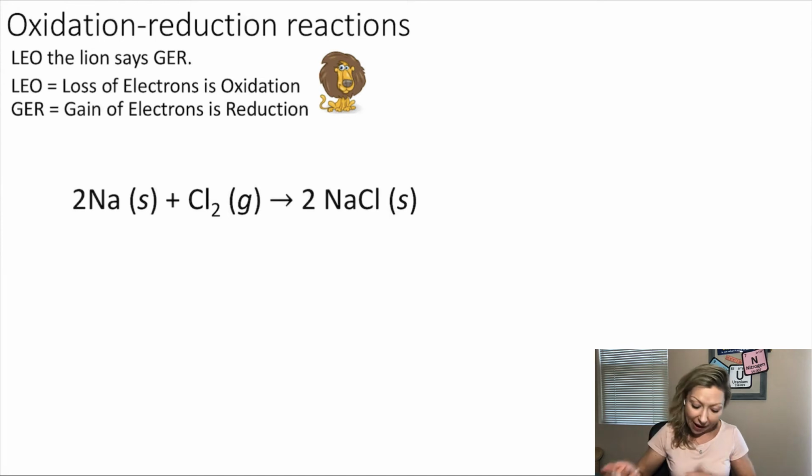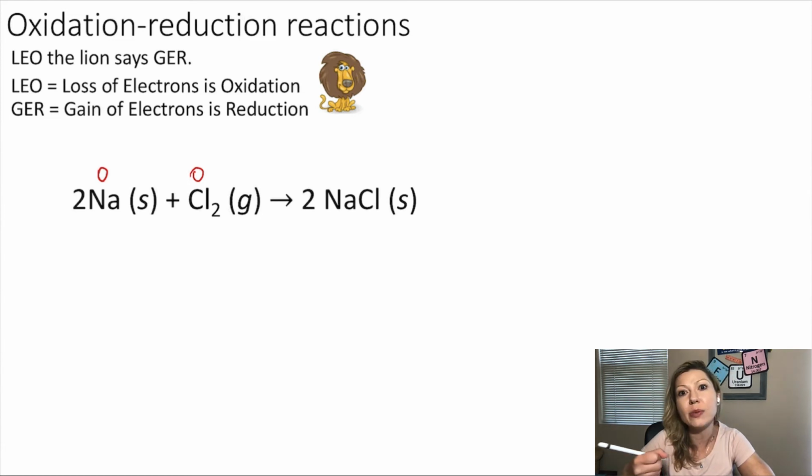So how about in this reaction when we have sodium solid reacting with chlorine gas producing sodium chloride solid? What is the oxidation number of sodium in this case? It is zero, right? Since it is an element by itself. How about Cl2? It is an element again by itself, so it's going to have an oxidation number of zero.